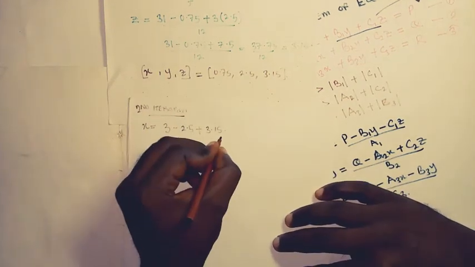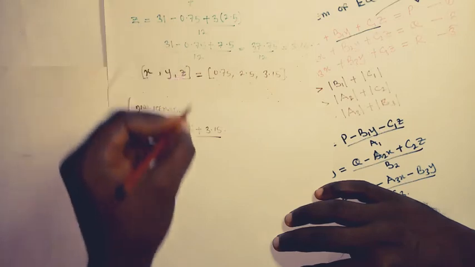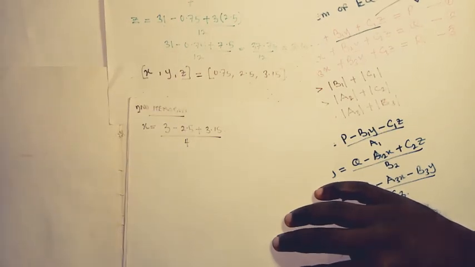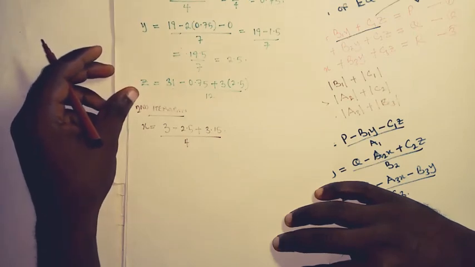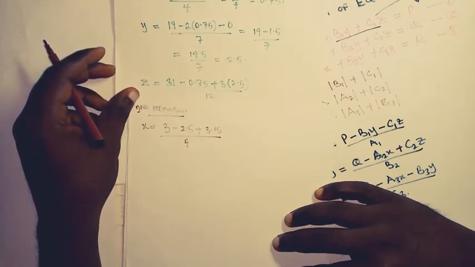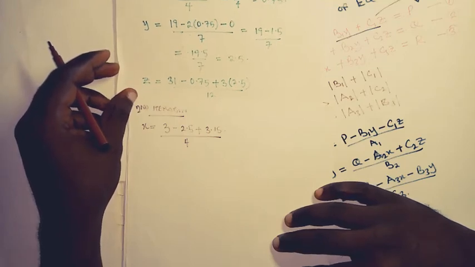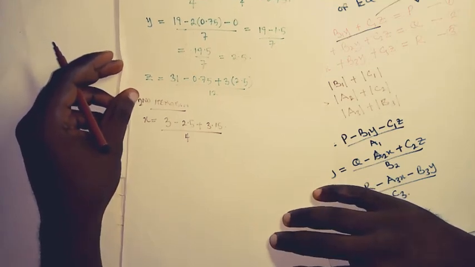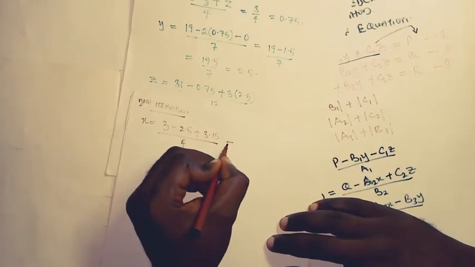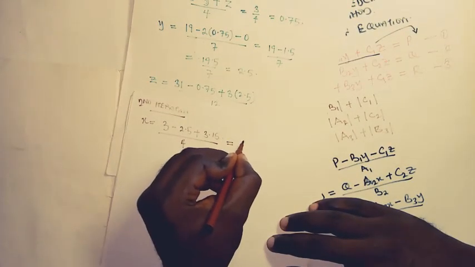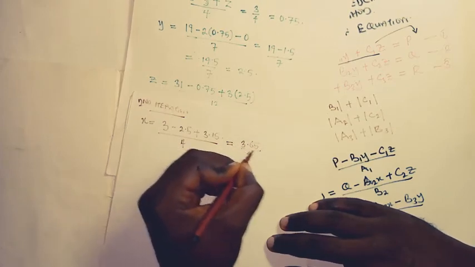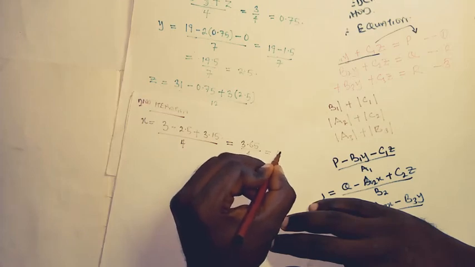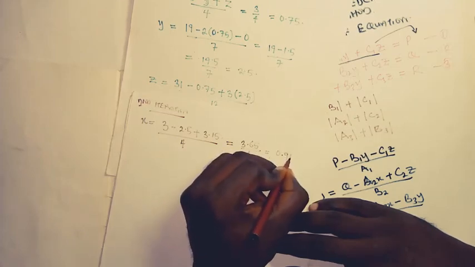So divided by 4. And this here will give me 3.65 divided by 4. And I have my new value for x, which is 0.91.